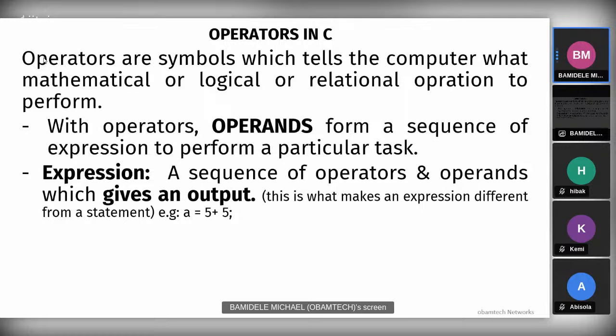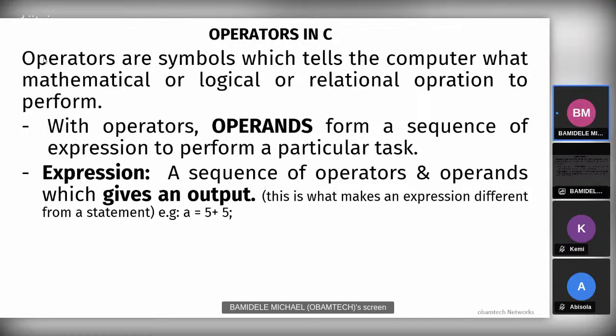Operands are just like variables, or we can call them the entities that are joined together to perform an operation. For example, look at this. We have an expression. An expression is a sequence of operators and operands, which gives an output.